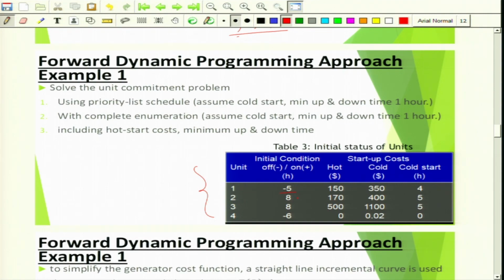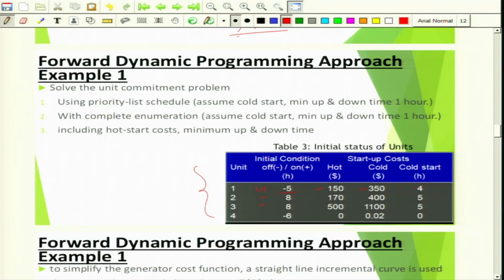That is the initial condition of this specific generator, unit 1, whereas units 2 and 3 were on for 8 and 6 hours, and then there is unit 4 which was off for the past 6 hours, and there is a hot and cold startup cost given. I hope you remember what you mean by hot and cold start. Cold start means completely off and there is no energy or latent heat remaining within that specific generator. And then there is a cold start duration which has also been given.